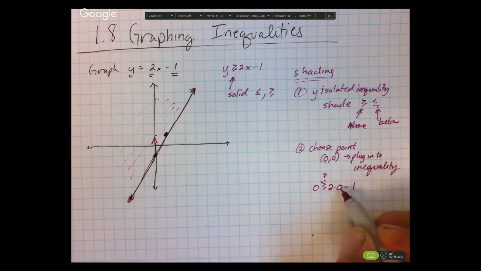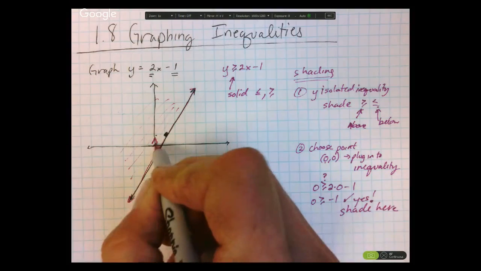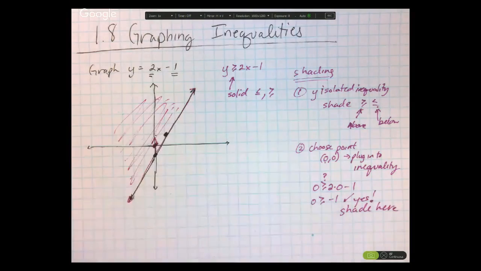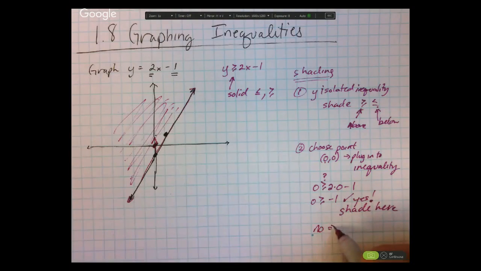I've got my x and my y. If it's a yes, shade here. So 0, 0 is a yes, so we're going to shade there. If it's a no, I go on the opposite side. So there's the easy, cheesy beginning.